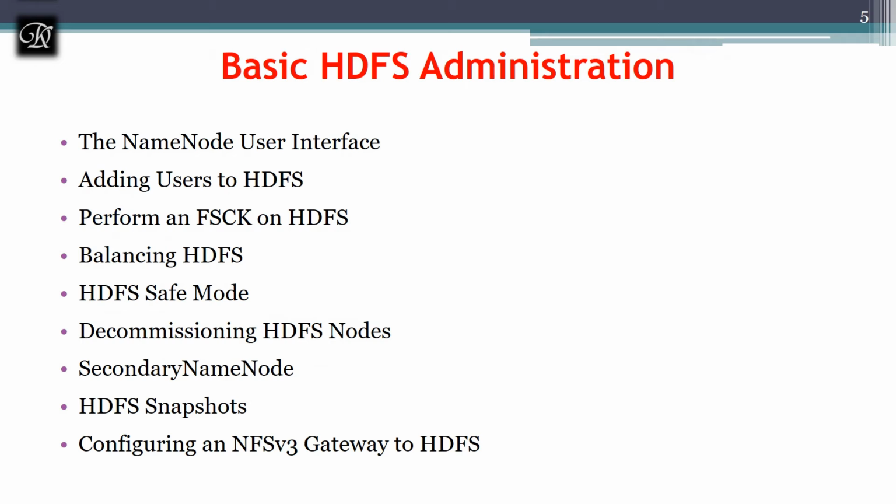Next, as I said, the second one in the Hadoop administration is HDFS administration, where we can set around nine administration configurations. The first one is the name node user interface. The name node user interface is used to monitor the HDFS, which can be done in several ways. One of the more convenient ways to do this is a quick view of HDFS status through the name node user interface.